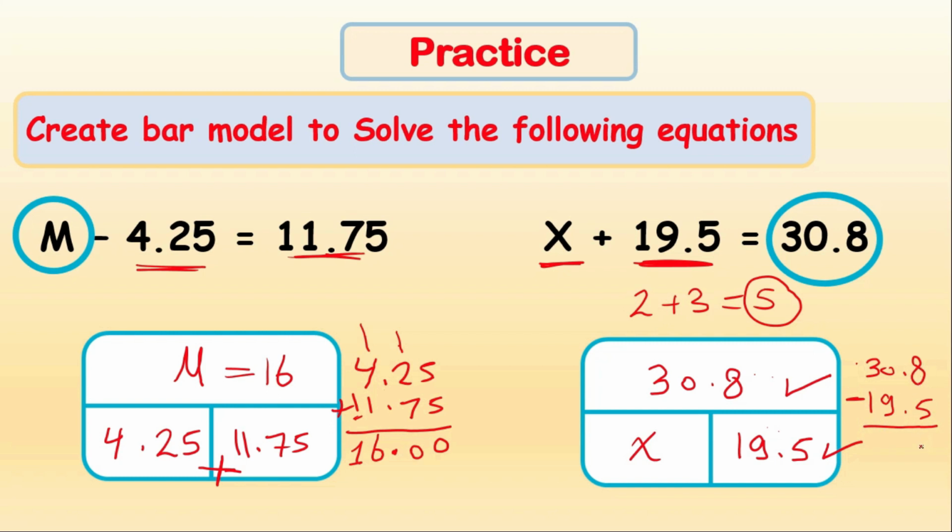8 minus 5 equals 3. Drop the decimal point. 0 minus 9 can't be done, so borrow from 3, change it to 2, and change 0 to 10. 10 minus 9 equals 1, and 2 minus 1 equals 1. So the value of x, or variable x, equals 11.3.